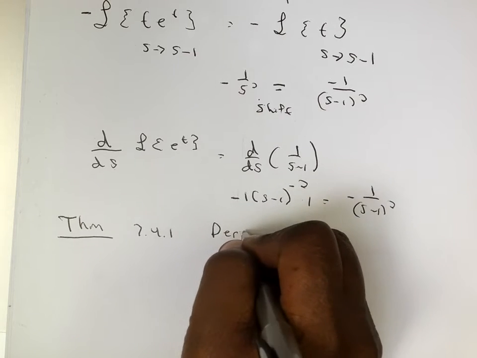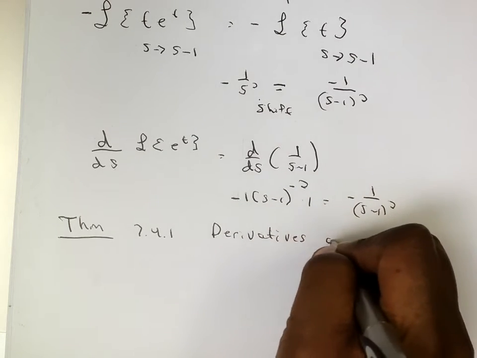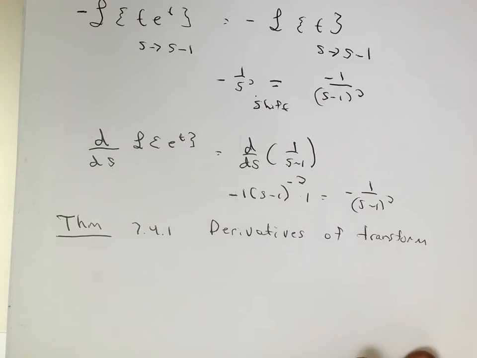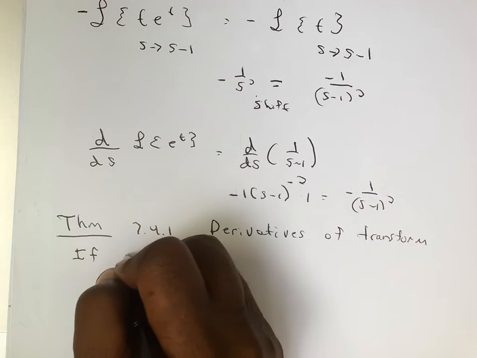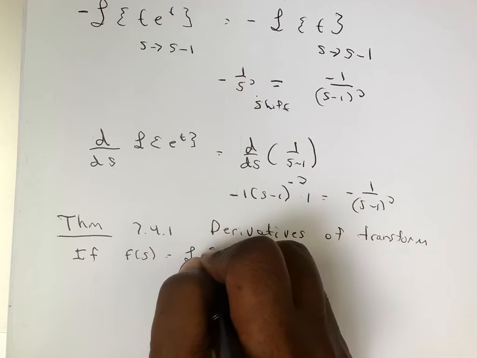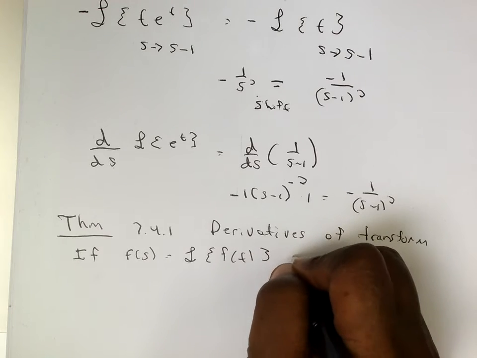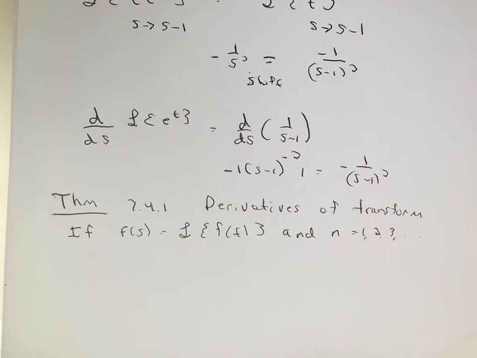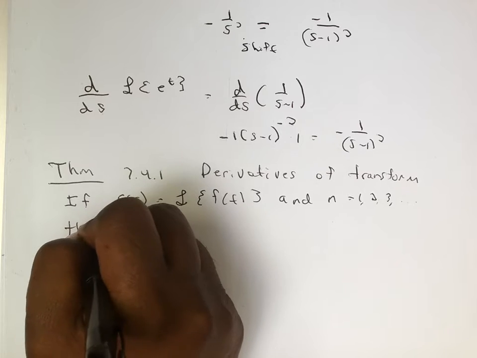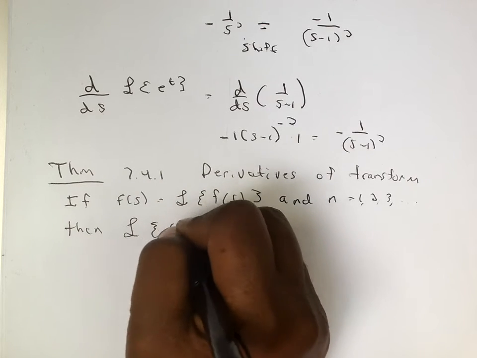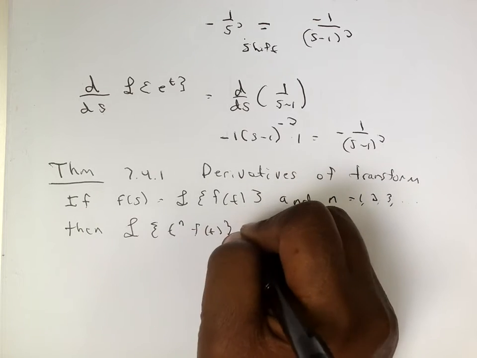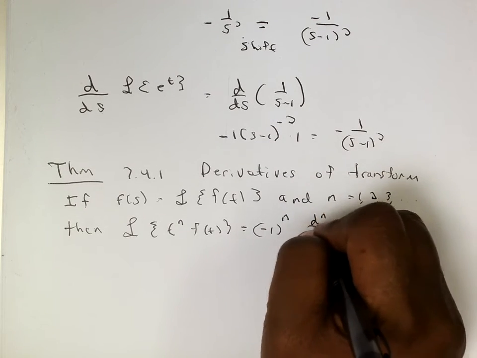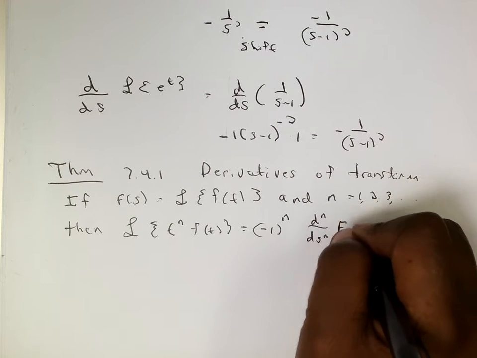And it's the derivatives of a transform. So our theorem states if F of s is a Laplace transform of f of t and n is a natural number, so 1, 2, 3, and so on, then the Laplace transform of t to the n times f of t is equal to negative 1 to the nth power, and then you have to take the nth derivative of F of s.